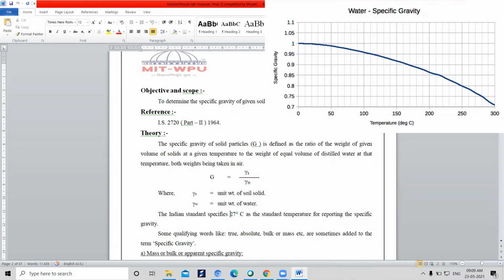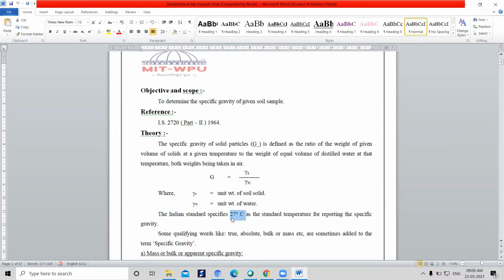So with that standard temperature of 23 to 27, within the window, the specific gravity will be 1. So in the definition itself, we'll be specifying that.